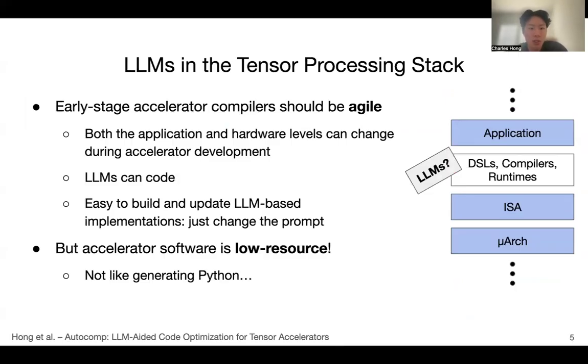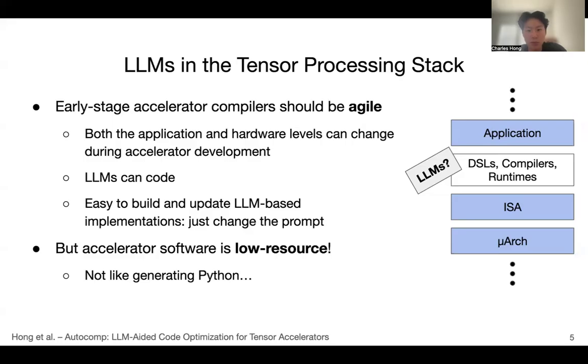We want our early stage accelerator compilers to be agile, because we're really just developing these accelerators as computer architects. And we know that both the application and hardware levels in this fast-moving field can change during development of the accelerator.